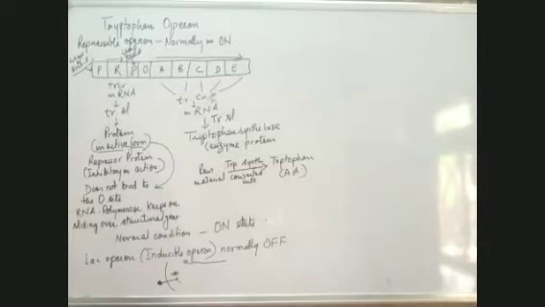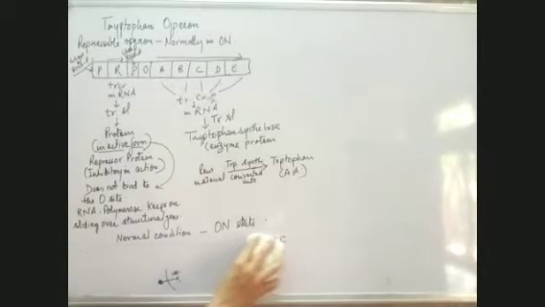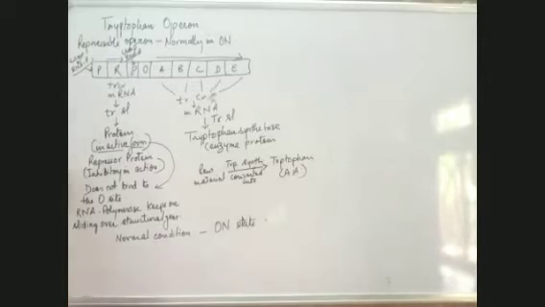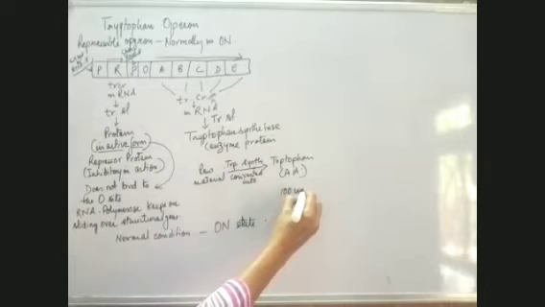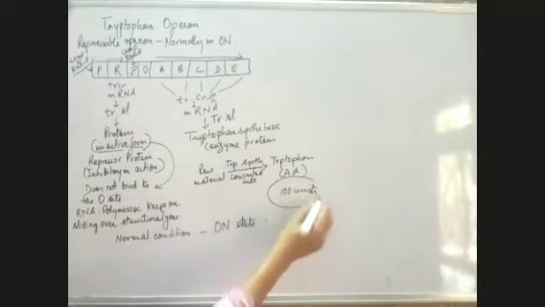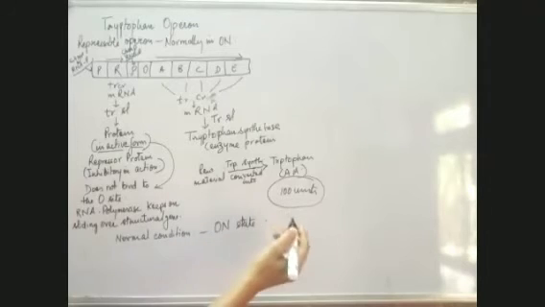Now what happens when this tryptophan operon, this repressible operon, is in the off state? Suppose 100 units of tryptophan are required by the body, and this 100 units has been synthesized. That means no more tryptophan is required now. Or suppose 100 units are required, and the amount of tryptophan formed is 110 units.